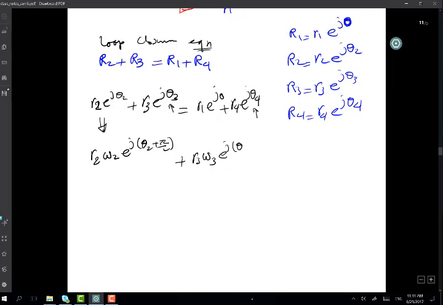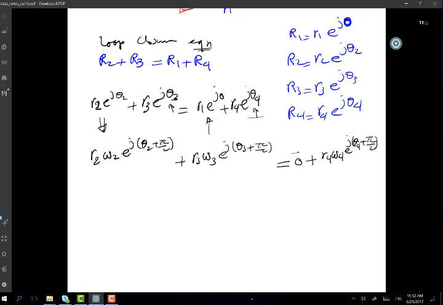e to the j theta 3 plus pi over 2, that's equal to, when I differentiate this, both terms are constant, so I get 0, a vector 0 if you like. When I differentiate this, I get R4 omega 4 e to the j theta 4 plus pi over 2. Now I've done my differentiation. I obtained the velocity equation, which I'm going to manipulate to find the two velocities I want to find.